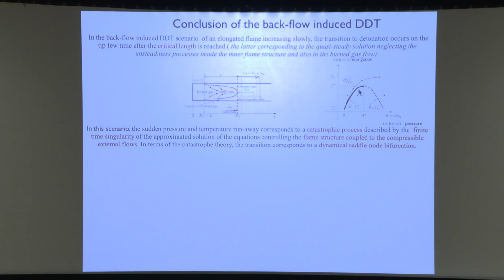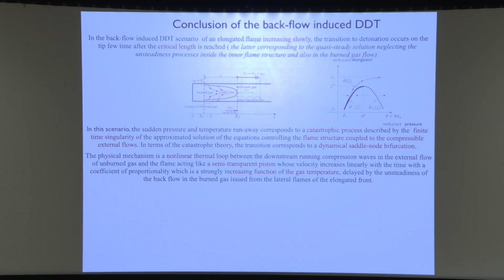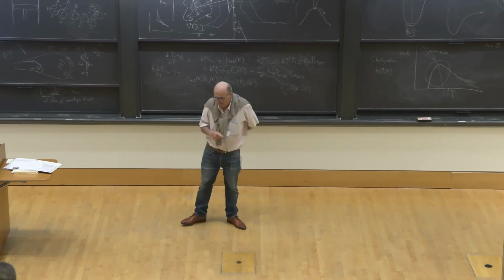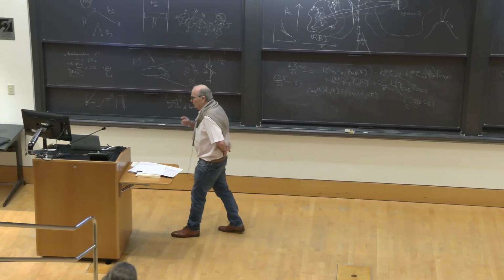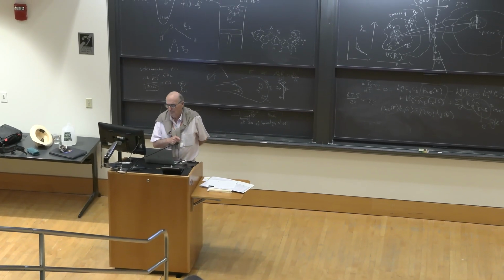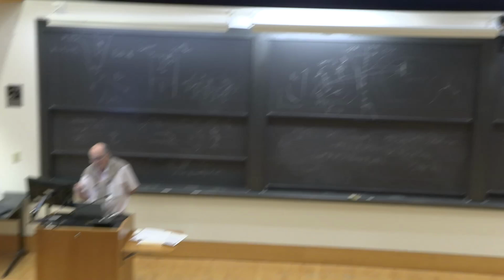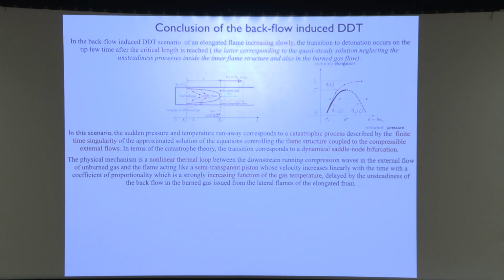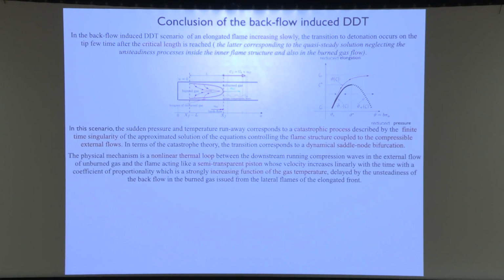Okay, the conclusion is that here I can skip that. So there is a catastrophic process and so on. And what is the physical mechanism of this singularity? It is the nonlinear thermal loop of the compressible effect that increases the temperature, so that the laminar flame velocity increases.